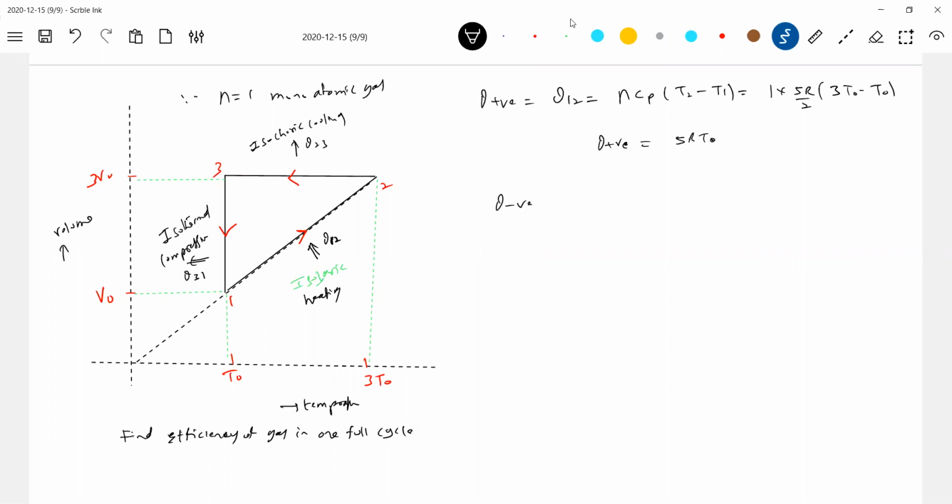Q negative, where all it is rejected, Q23 plus Q31. Q23, isochoric cooling, nCv times change in temperature, T3 minus T2. Q31, isothermal process.